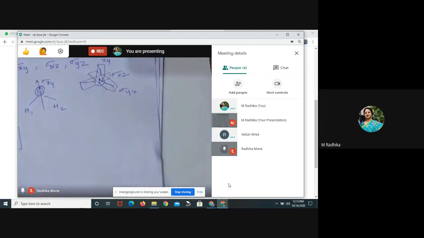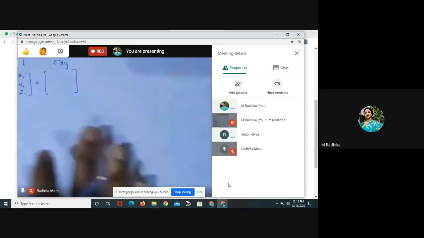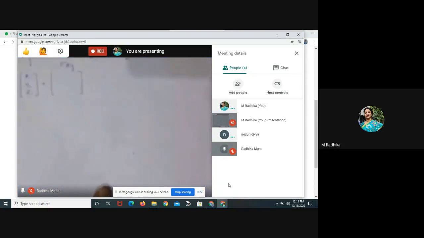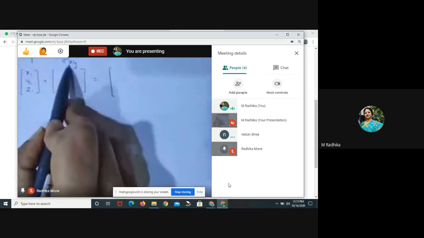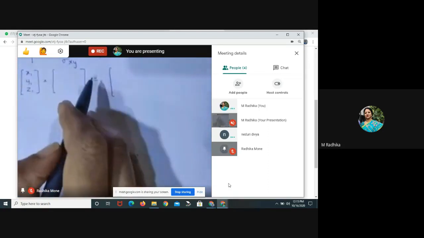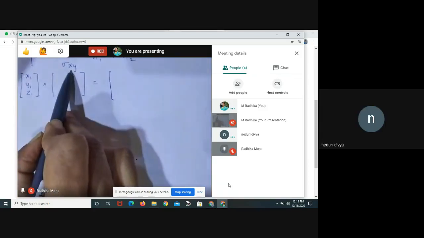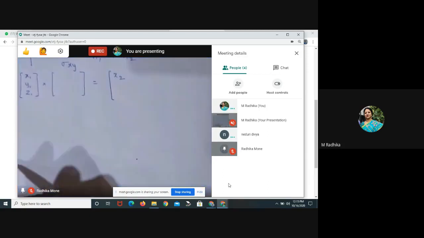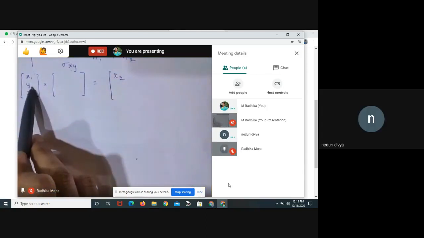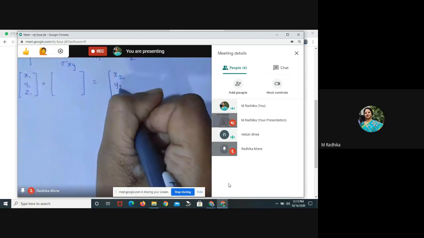If it is the sigma xy operation, x1 will be equal to x2, because it is not changing the position. y1 will not change, so y1 will be equal to y2.